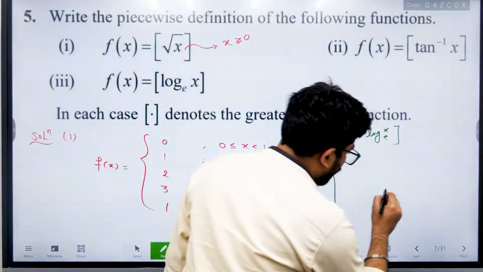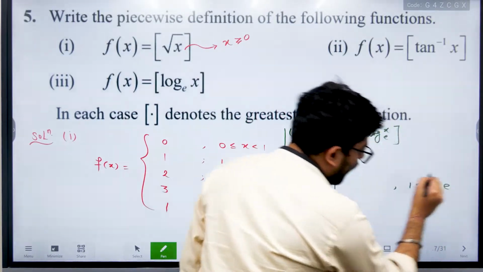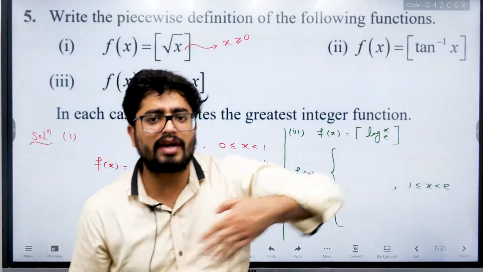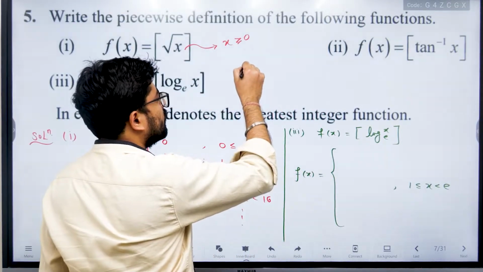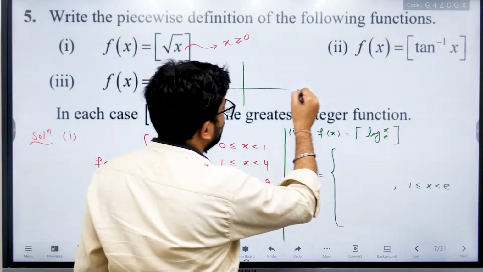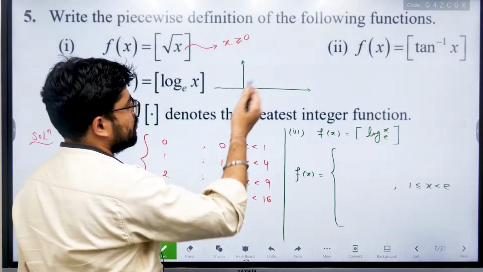So whenever x is from 1 to e, at e the value is 1. And log x is what? Log x is an increasing function. If you observe the graph of log x, it is like this, and x must be positive.